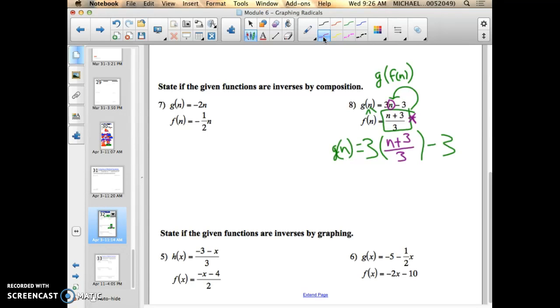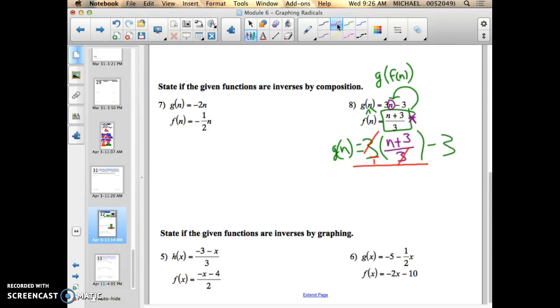All right? Now I just simplify it to see if it equals the variable x, in this case n, because we're working with n's. And so to do this math, I have g of n equals 3 times n plus 3 divided by 3 minus 3. This multiplication right here becomes 3 on top, because this is technically over 1. There's a 3 on top and a 3 on bottom down here, so I can cross out that 3 and that 3.